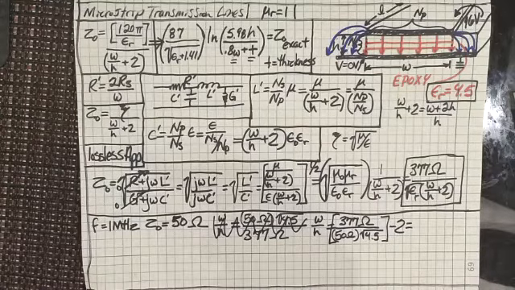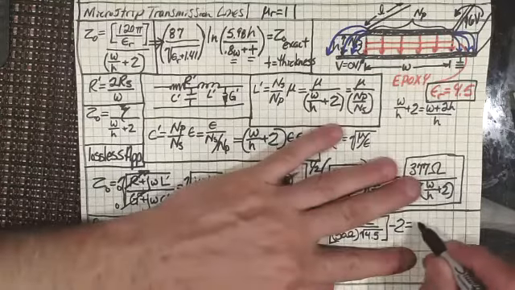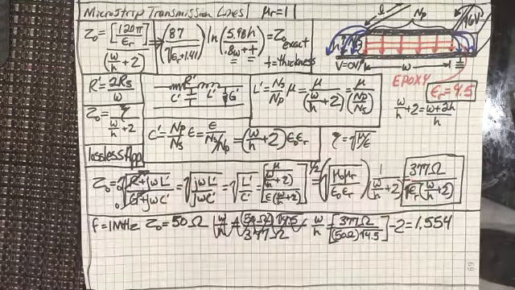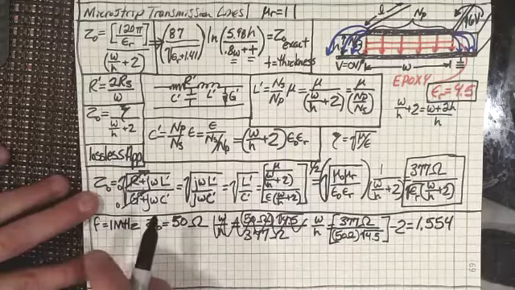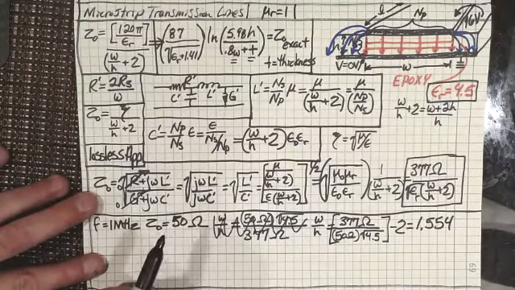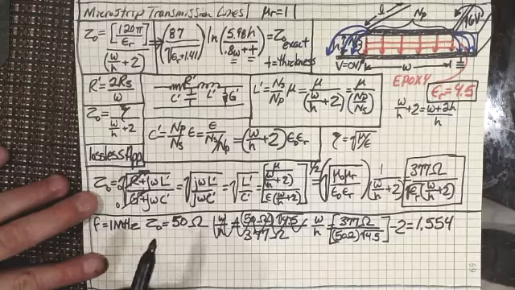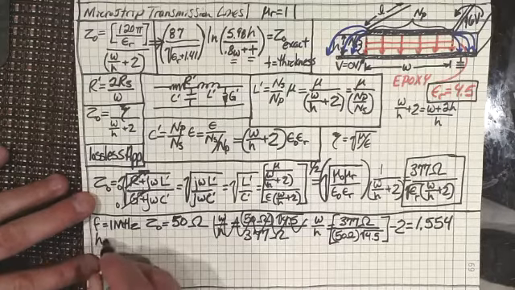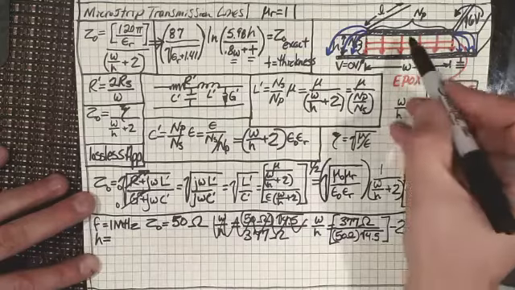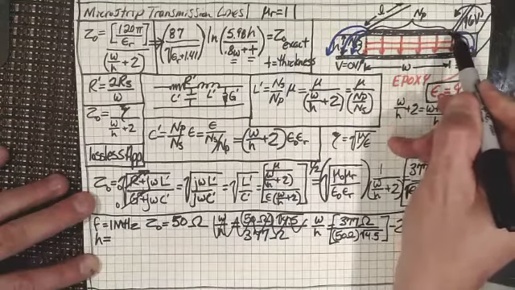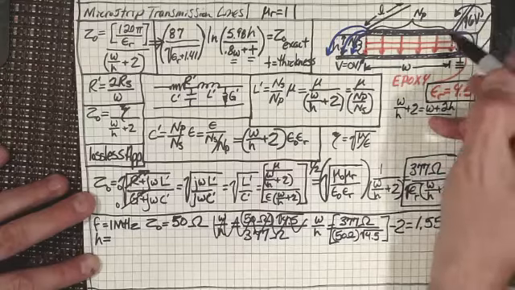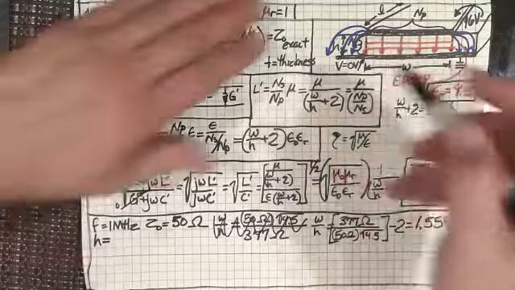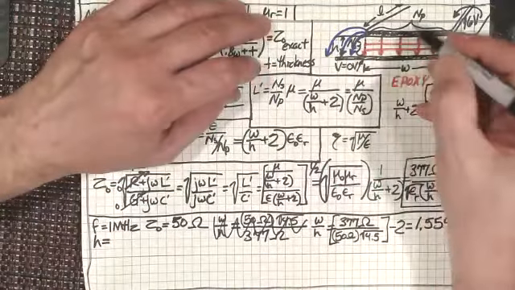So the actual ratio then is going to be 1.554. So if we say that the height, the thickness, I shouldn't even really say the thickness, because that makes you think of the thickness of the coating. I forgot to say that this is not the thickness of the board.